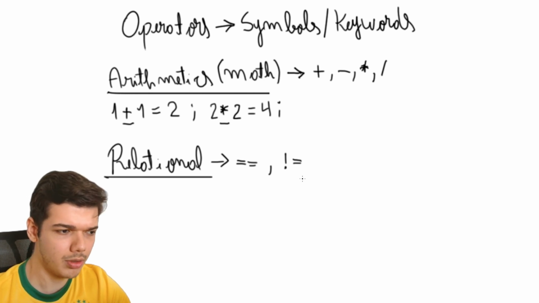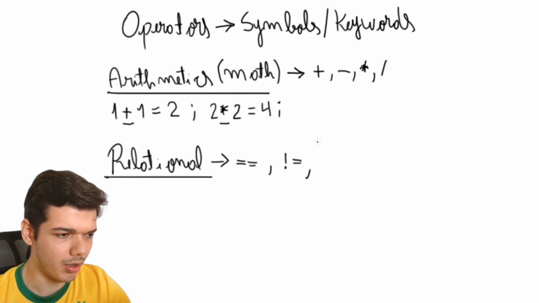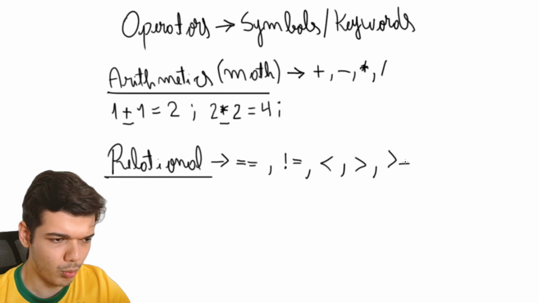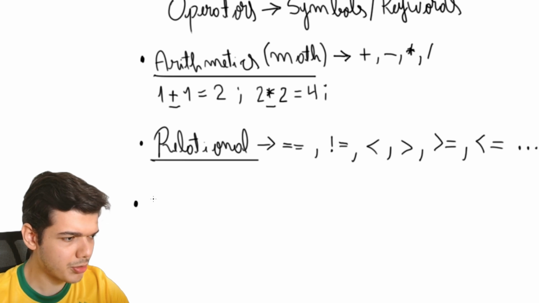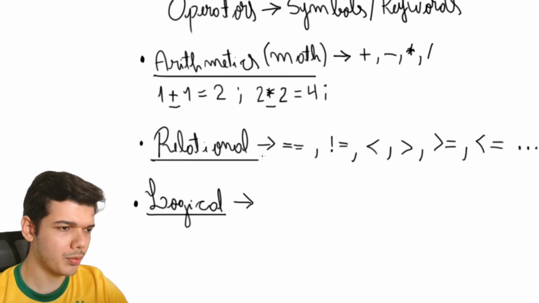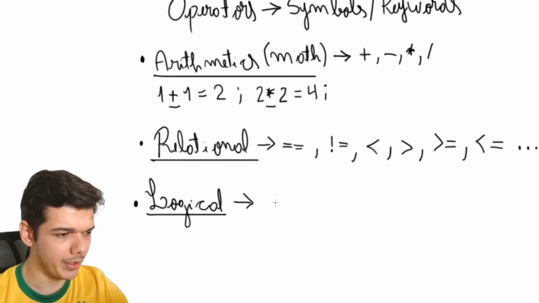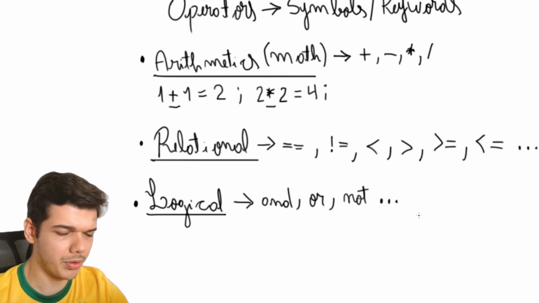I will show you, but let's keep going. Other examples are less than, greater than, greater or equal, less or equal. And the last one are the logical operators that are used to make comparisons using true-false values like and, or, not, and others that we will see further.